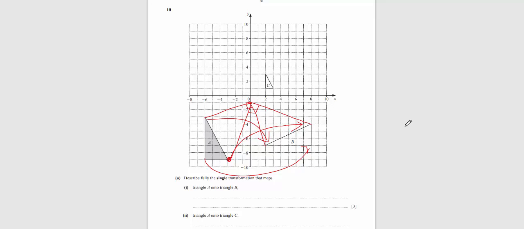So you can describe it as rotation (90° anti-clockwise) at 0, -1.